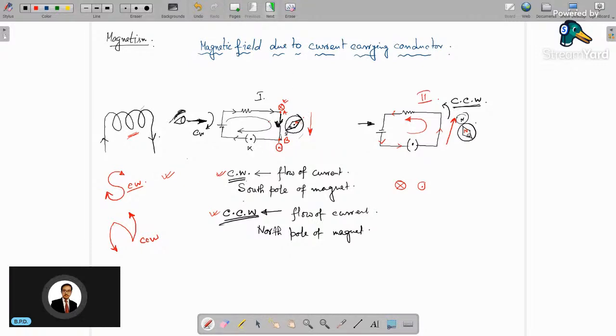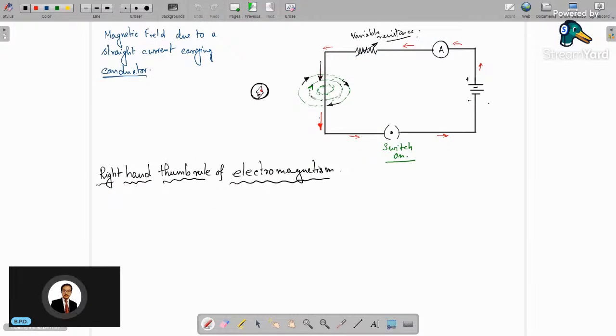Now if we, apart from this whole concept, want to plot the entire magnetic field which is being generated by this current carrying straight wire conductor, for this particular circuit, then we can easily understand that the direction of the current flow as well as the direction of the generated magnetic field are interrelated to each other.